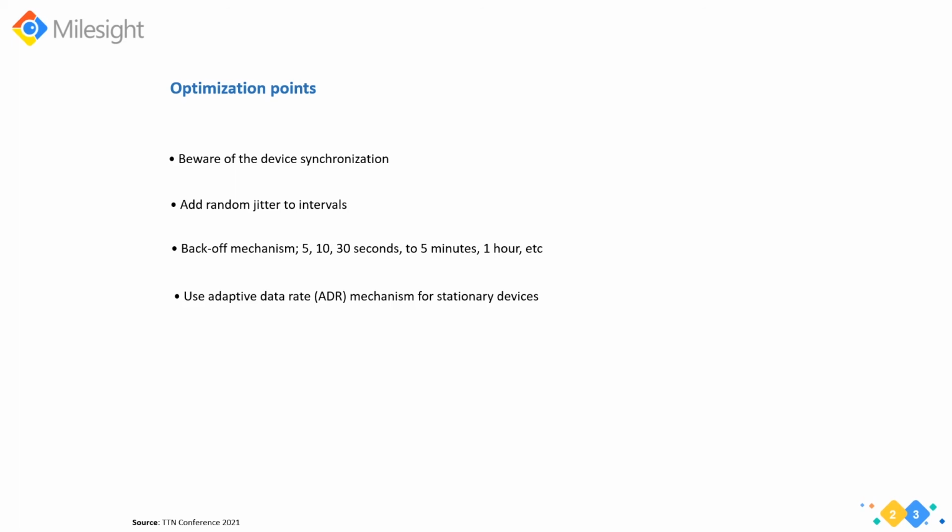And also, if your device is not moving but is fixed at a certain location, it's always better to enable adaptive data rate. So the network will figure out the best data rate for your end device. Depending on the signal-to-noise ratio, it can figure out the best spreading factor for you.